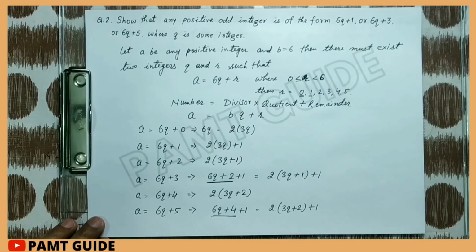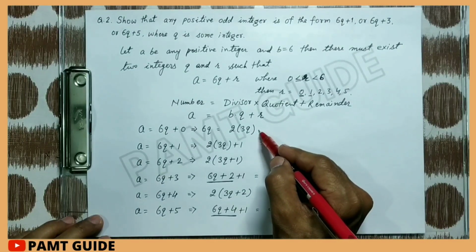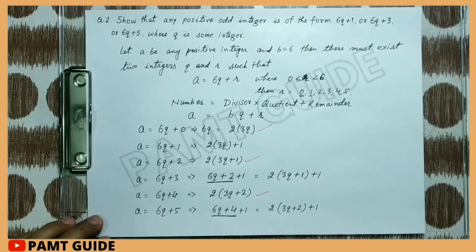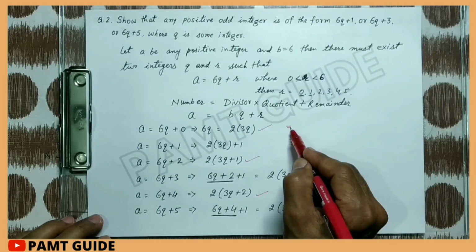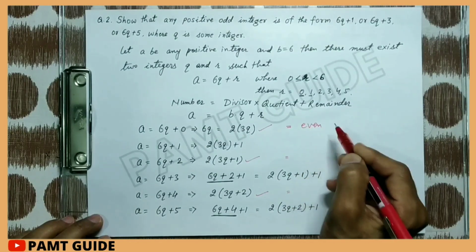Then we are seeing that these numbers, 6q, 6q plus 2 and 6q plus 4, are multiples of 2. So these numbers are even.